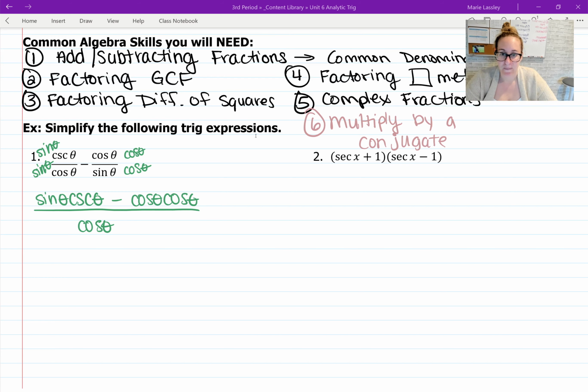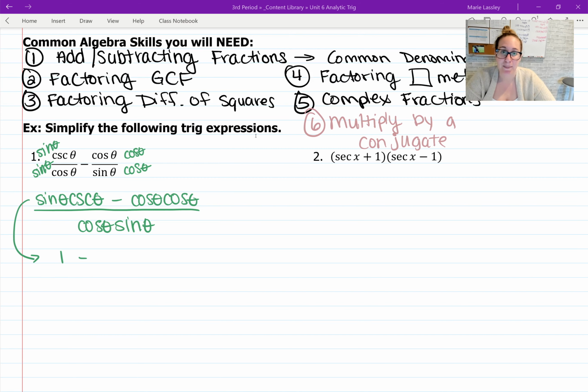Now, this might look worse, but it's not, because some of you are probably already looking at this. You can simplify some stuff. Sine times cosecant, that's an identity. Sine times cosecant simplifies to 1. So this becomes 1 minus cosine times cosine.